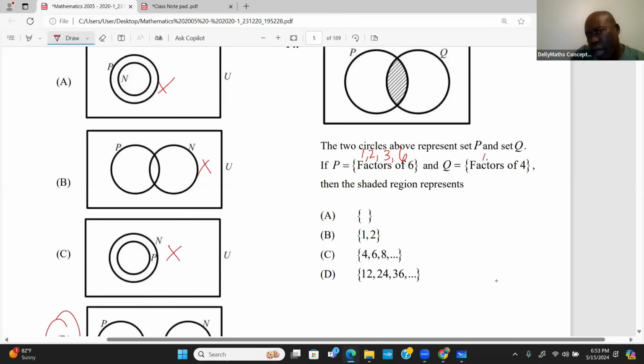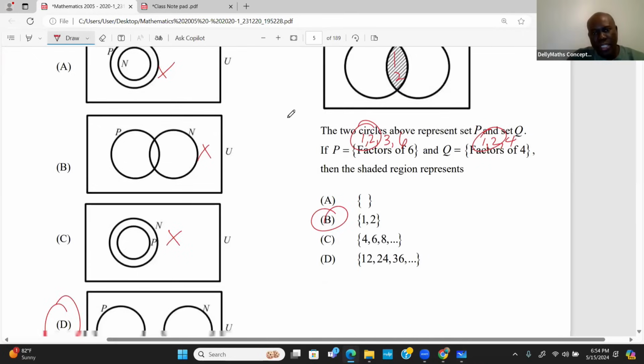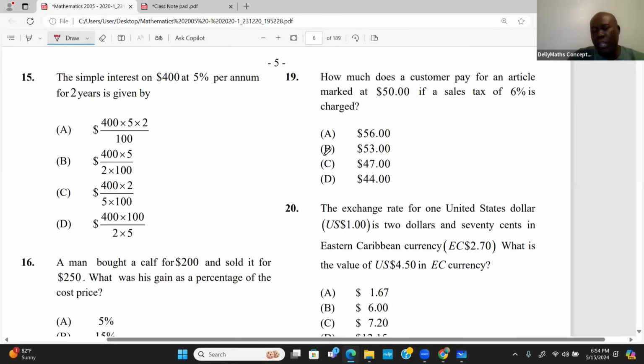Factors of 4 are 1, 2, and 4. So they're asking which of these numbers are overlapping, and that's why they're here. So they're asking what numbers could go there. It would be the numbers that are overlapping. It's 1 and 2. 1 and 2, they're in both. So the answer is B. So the exam, not too bad. So imagine if you were in this exam, question 14, you should have gone 14 out of 14 already. Nothing is there to stop you.